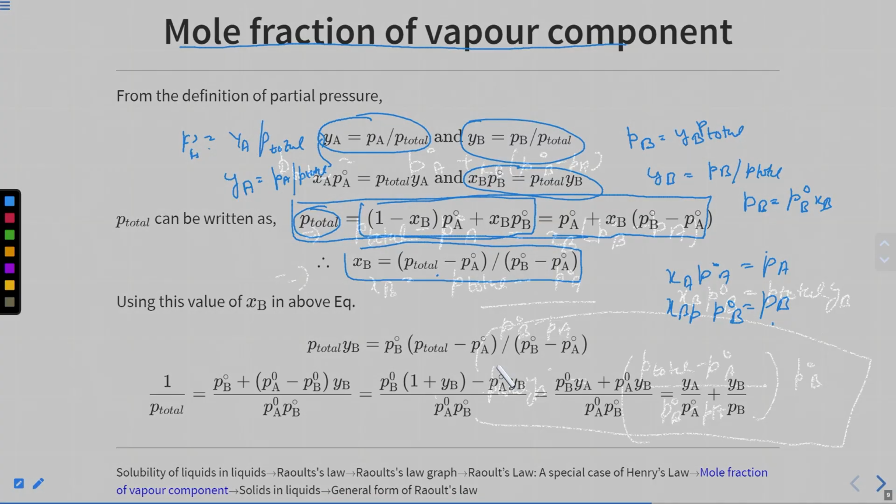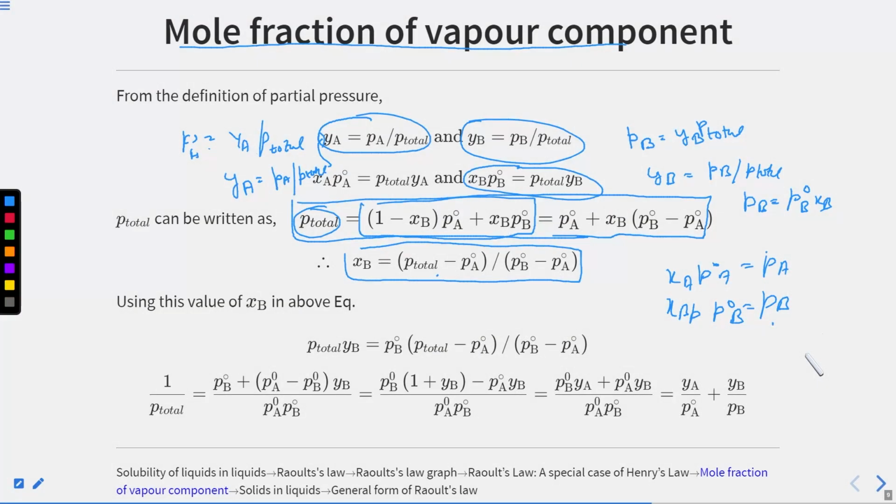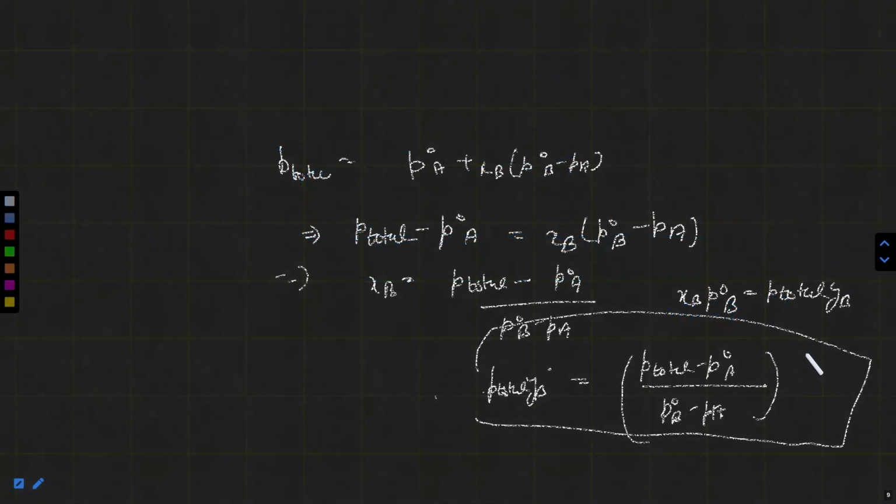Now we will try to simplify it more. How will we simplify it? Let us first write this equation once more.